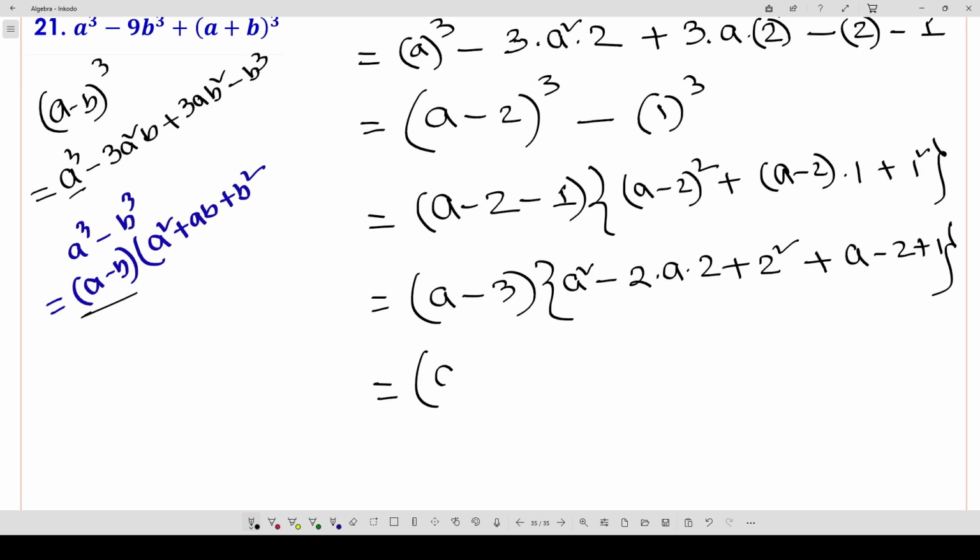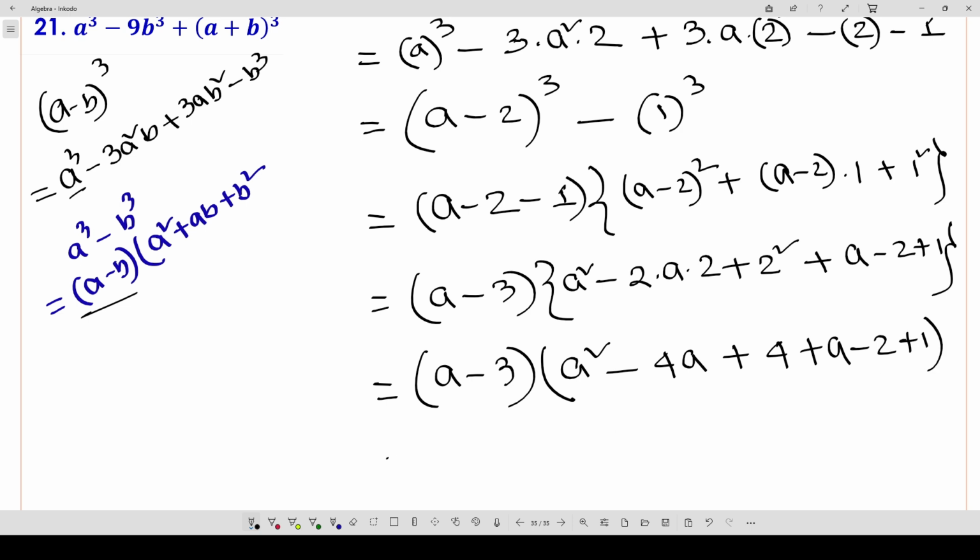So finally we can write a minus 3, then here is a square minus 4a plus 4 plus a minus 2 plus 1. And finally, we can write a minus 3 and then a square.